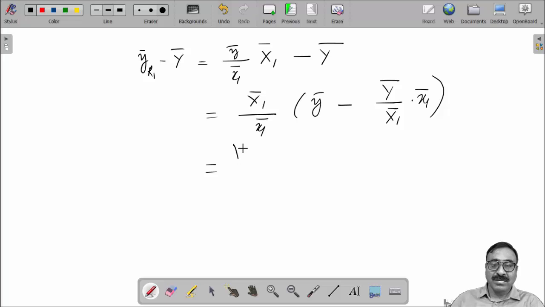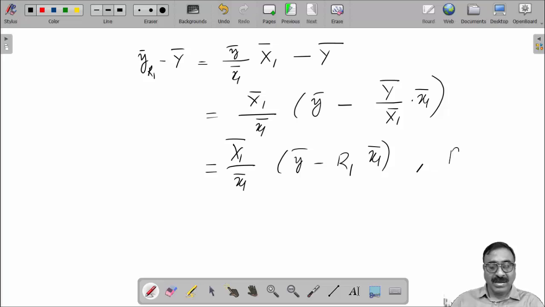So that is equal to X1 bar by x1 bar times y bar minus R1 x1 bar, where R1 equal to Y bar by X1 bar.